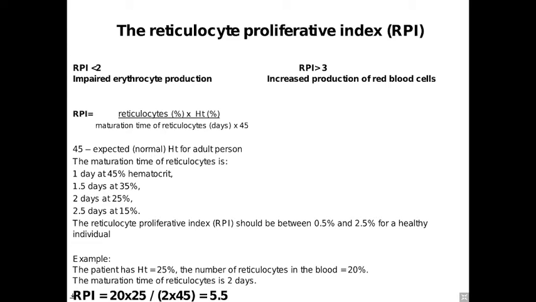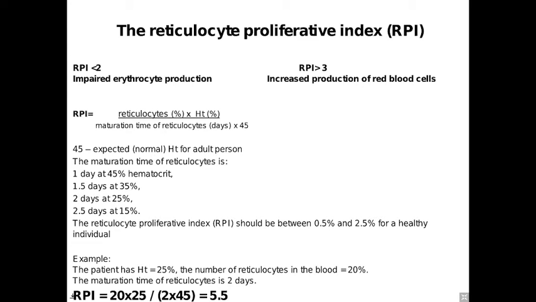But you can say, I told you RPI less than 2 is impaired production, but, for example, 1 for a healthy individual is normal. Yes, of course, but students, we are speaking about anemia. The above mentioned criteria, RPI less than 2 or RPI more than 3, apply when the patient has anemia signs, any other findings, for example, red blood cells decreased, hematocrit decreased, hemoglobin decreased, and so on.